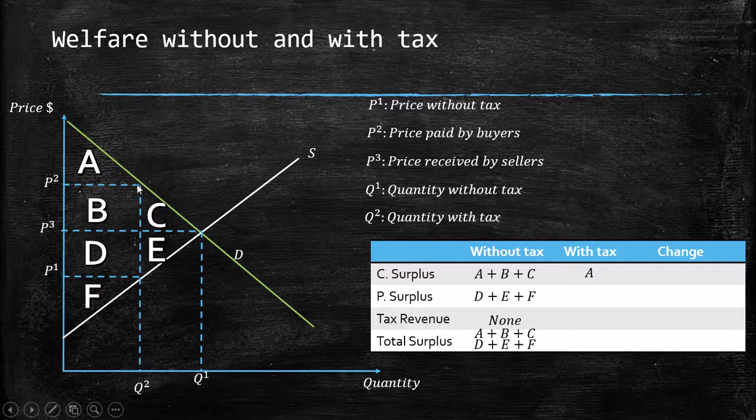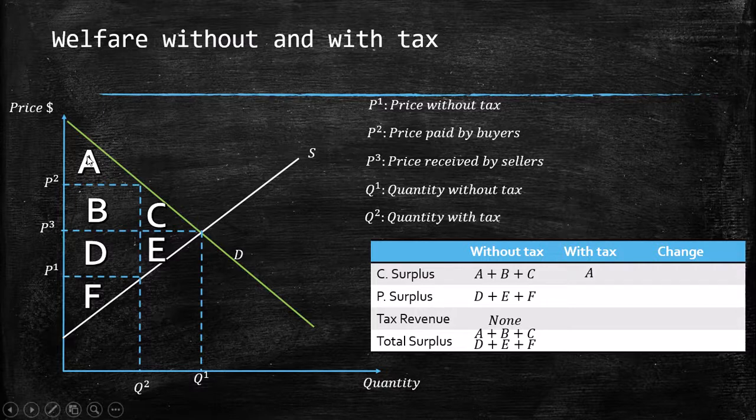They have to pay P2, which is obviously higher than P3. Even though there is less saving, there are still consumers who are willing to pay even more, but they only have to pay P2.